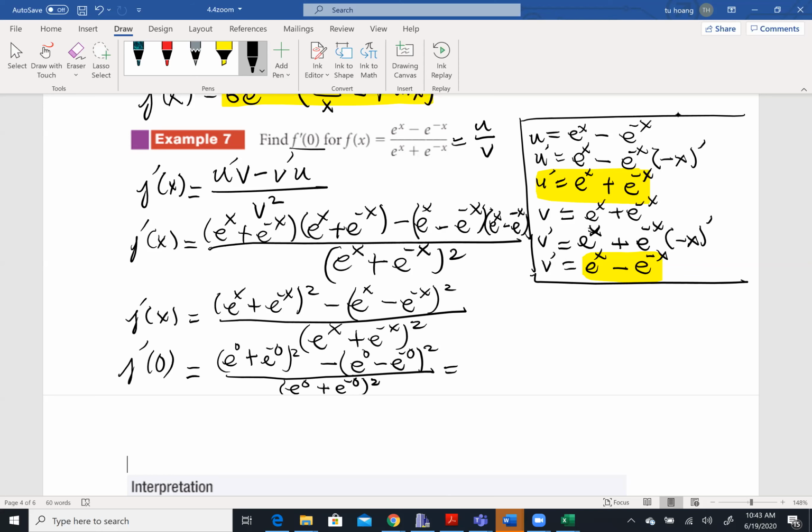So e to the power 0 is always equal to 1. Here is 1, here is another 1, here is 1, here is another 1.